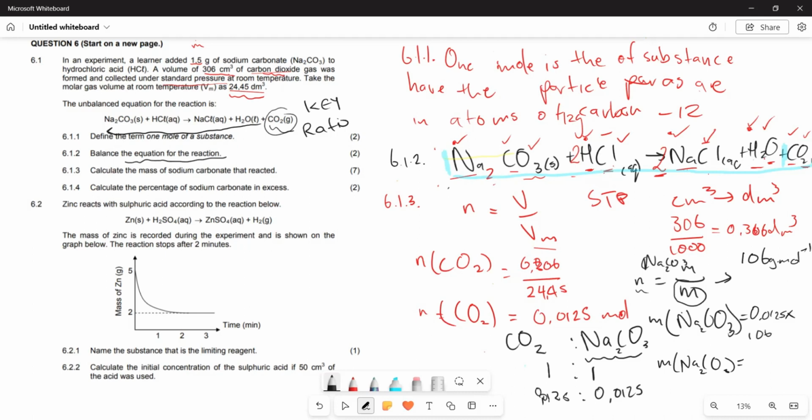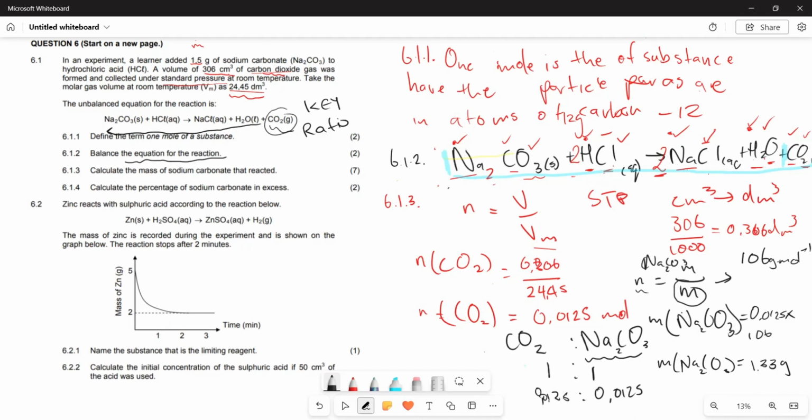So your mass of your sodium carbonate is going to be equal to what? Let's see when we plug into our calculator, it is going to be 1,33 grams, right?